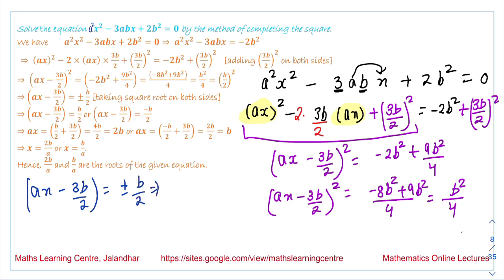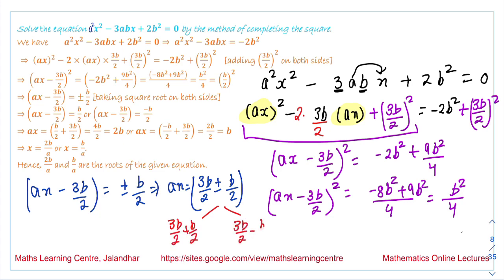So this gives us ax is equal to 3b by 2 plus minus b by 2. It has two values: 3b by 2 plus b by 2, and 3b by 2 minus b by 2. So the answers we get are 4b by 2, that is equal to 2b, and this value is b by 2, that is equal to b.